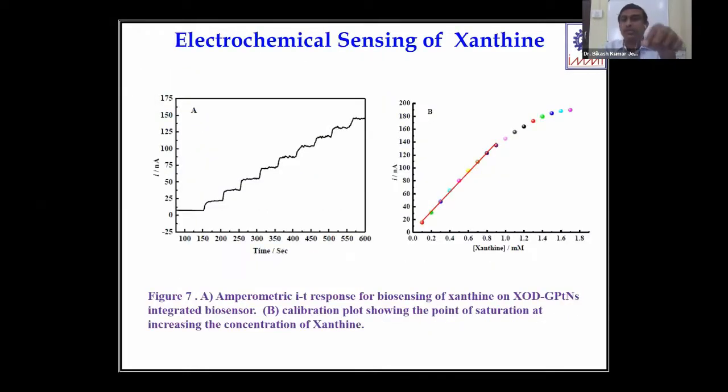And when you introduce the xanthine, what happens? The xanthine interacts with the xanthine oxidase, converts to a product, and generates hydrogen peroxide. That generated hydrogen peroxide gets oxidized by the platinum nanoparticles on the graphene, and it gives the current signal. That signal is directly proportional to the concentration of xanthine used.